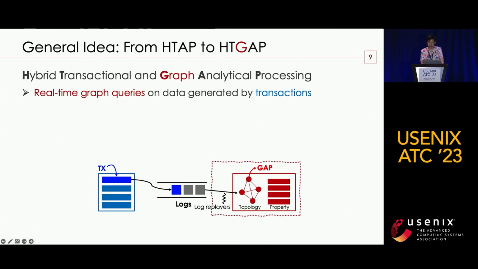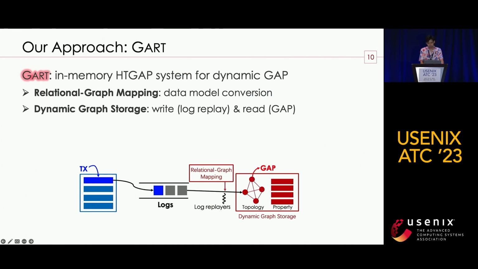Based on the advantages of HTAP, we extend it to HTGAP, which means hybrid transactional and graph analytical processing. It provides the capability of GAP on the analysis component. So we present GAT, an in-memory HTGAP system for dynamic GAP.